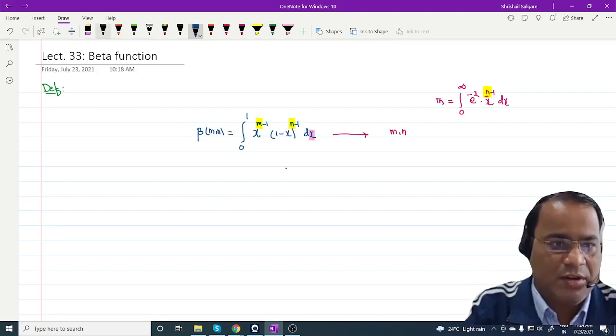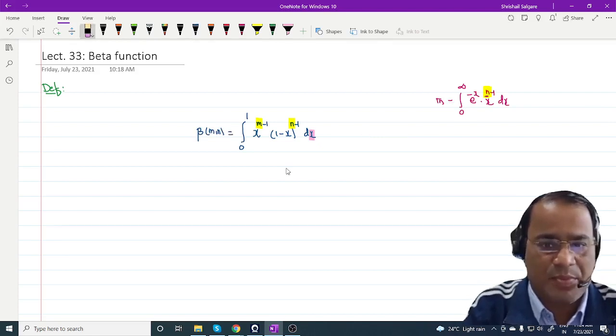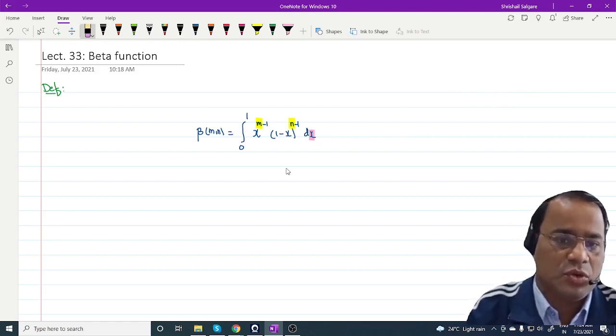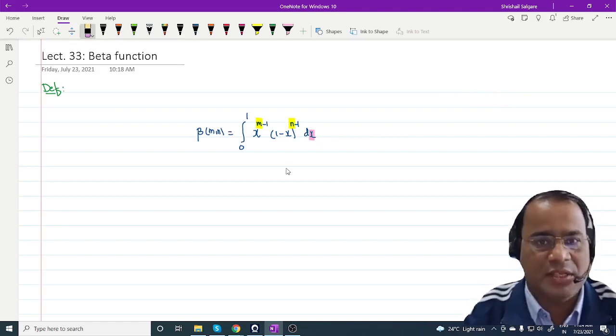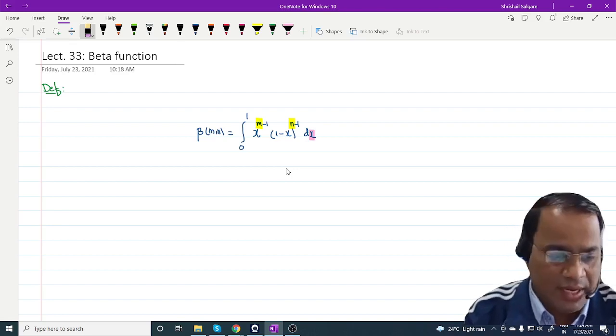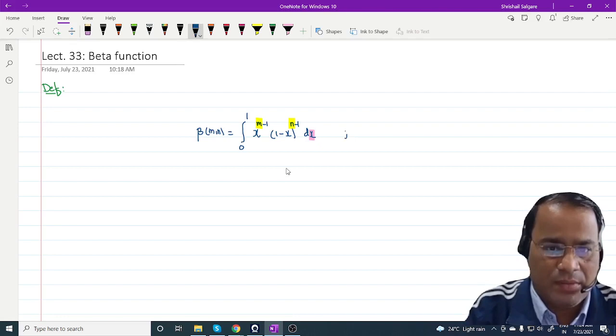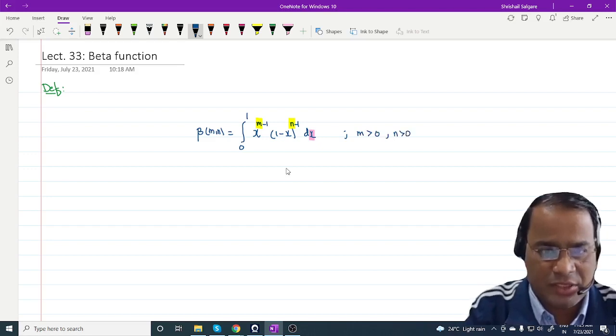So beta of m n is defined by the improper integral, or we can say definite integral, with limits from 0 to 1, x raised to m minus 1 into 1 minus x raised to n minus 1 dx. This integral is defined for the parameters m greater than 0 and n greater than 0. Suppose we label this as number 1.